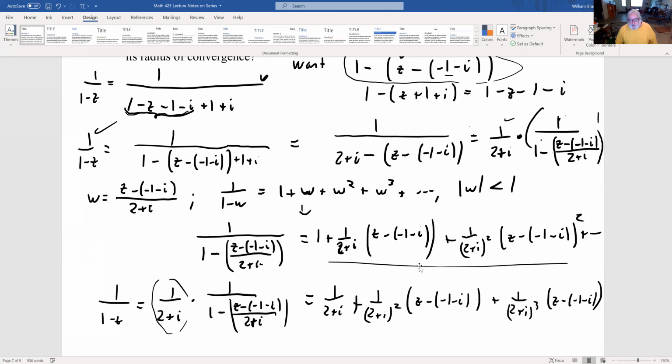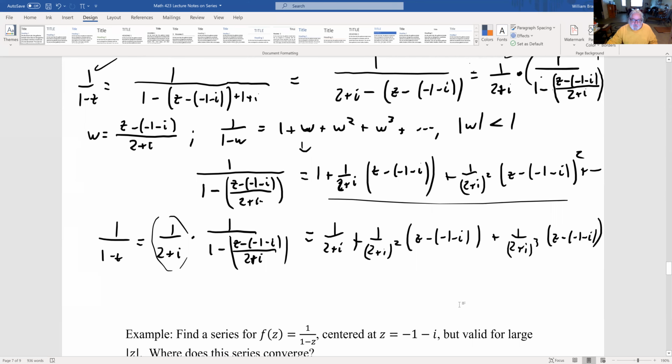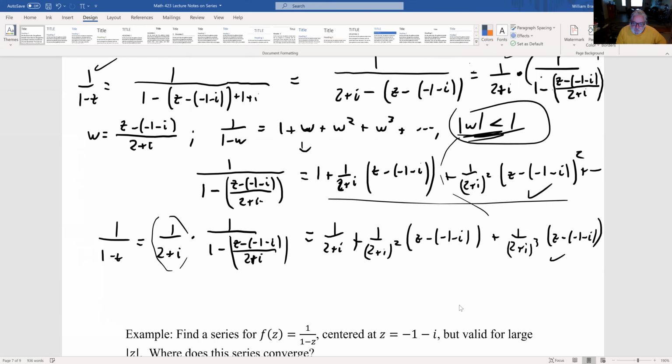And so often when you watch professors do this, when they realize they made a mistake, they'll try and cover it and say, gosh, what did I leave out that we ought to have done? But I just forgot it. I didn't leave it out for any kind of tricky reason. Keep track of your radius of convergence. I forgot to put it in here. But modulus of w is less than 1.